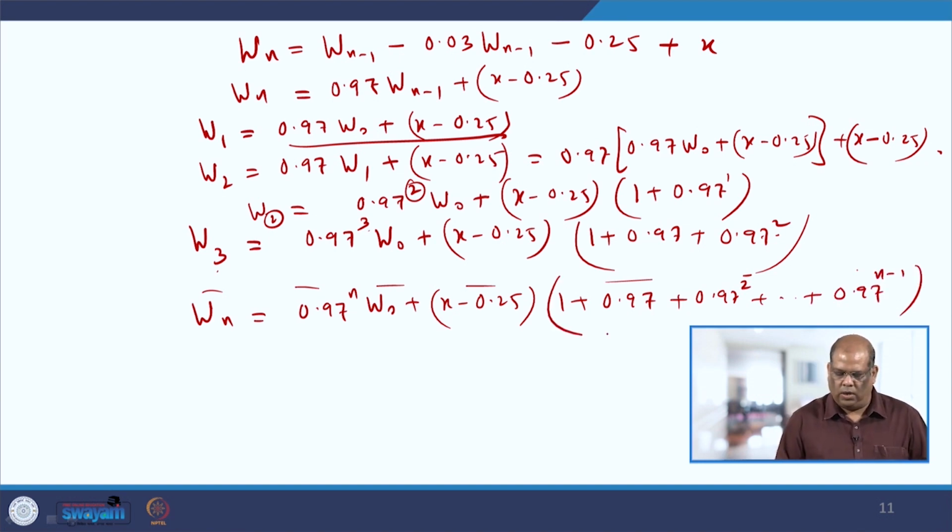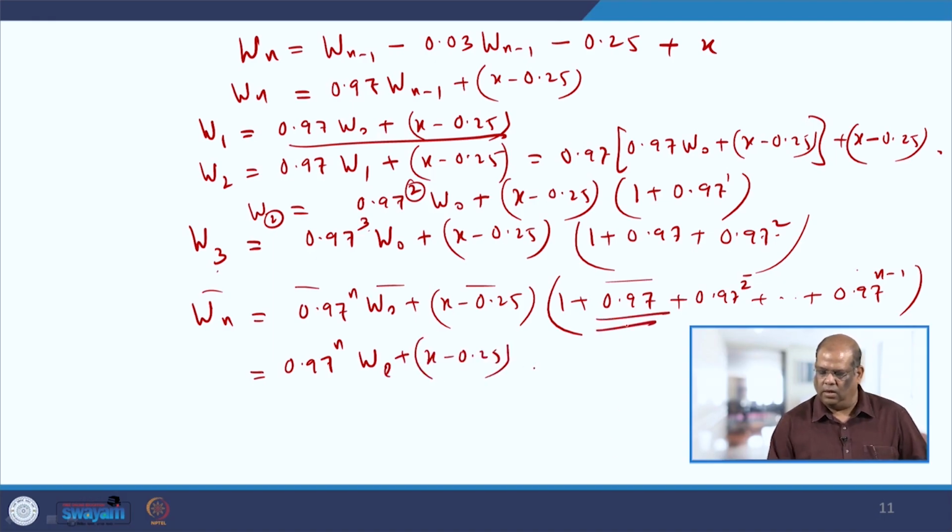So, we can use the GP series. This is 0.97 to the power n W0 plus x minus 0.25, and since the ratio is less than 1, it is 1 minus 0.97 to the power n by 1 minus 0.97.